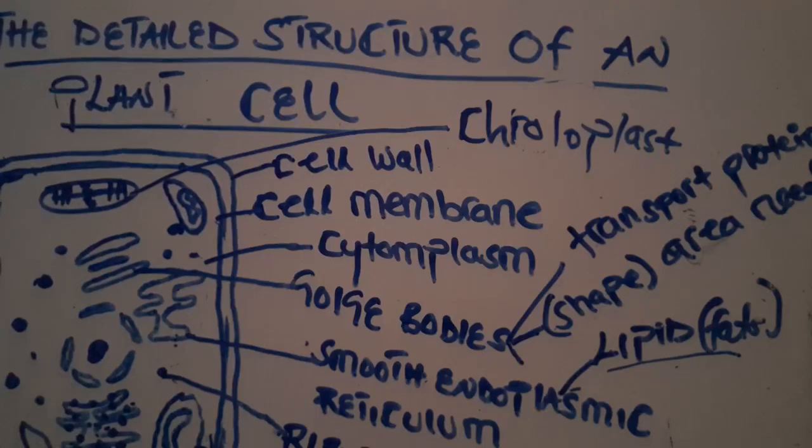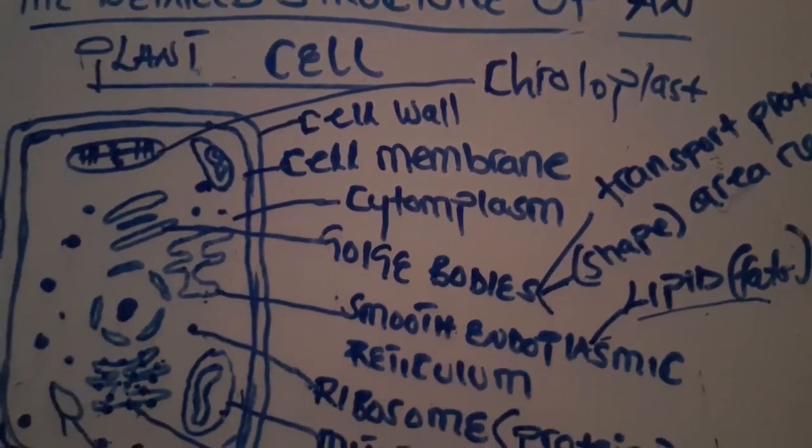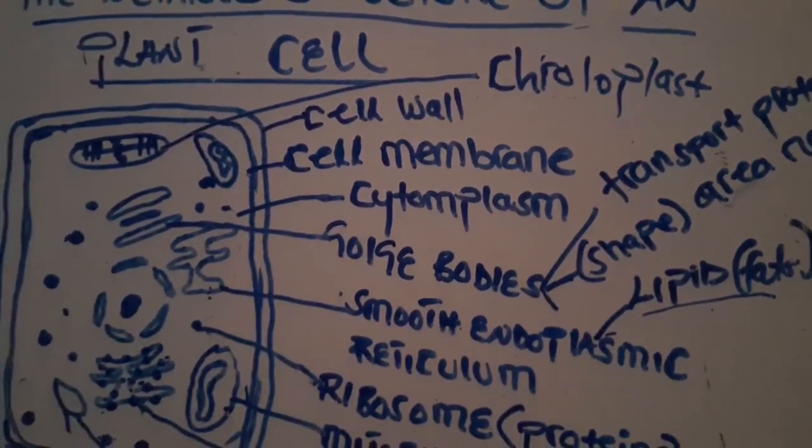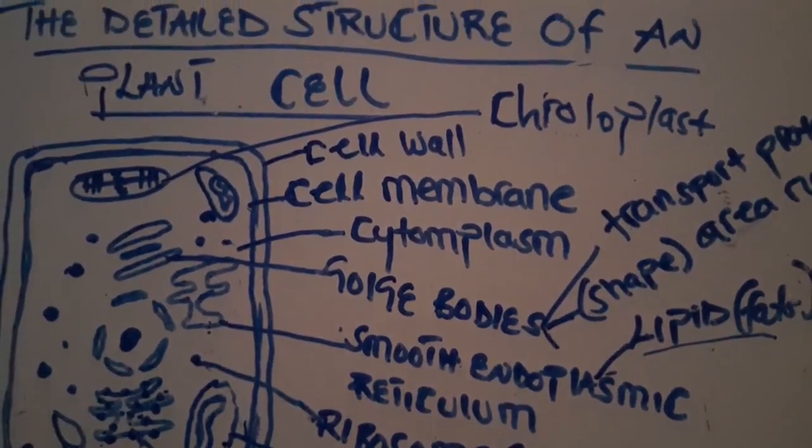The chemical reaction we are talking about is the process of photosynthesis, where water reacts with carbon dioxide to produce energy, which is called glucose. So these are the functions of a detailed plant cell as well as a detailed structure of an animal cell.